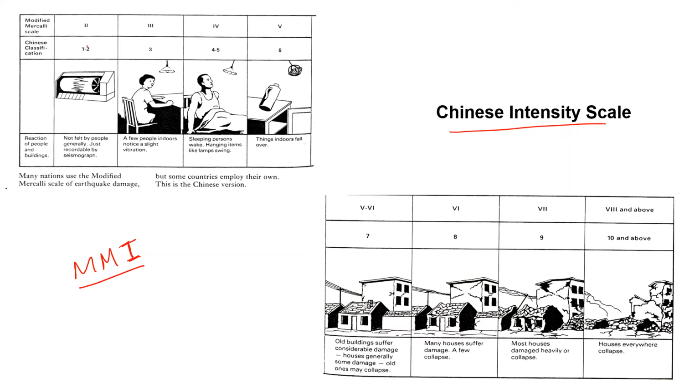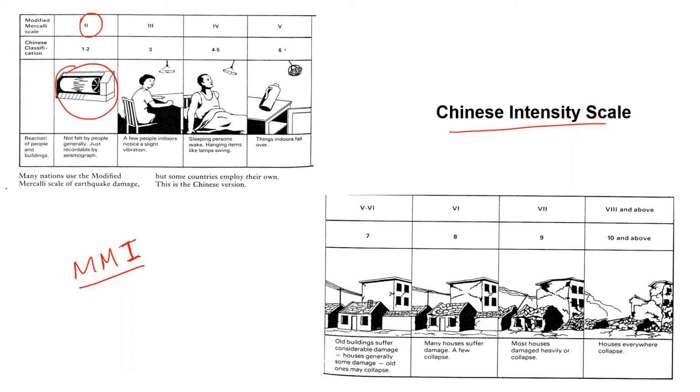See here the Chinese version: an earthquake classified as MMI 2 is somewhere between 1 and 2 according to the Chinese scale, and the description is that it is not even felt by most people. It is only recorded by some sensitive recording stations or seismographs.